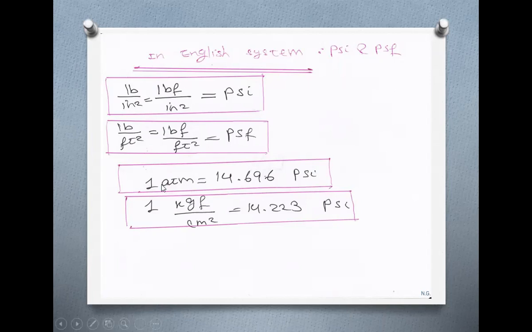The pressure of atmosphere at the sea level at the standard condition is 14.7 psi, which is equal to 1 atmosphere. That's what 1 atmosphere means. So in terms of unit, 1 atmosphere is 14.7 psi.